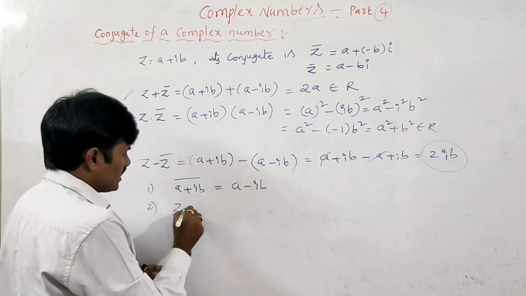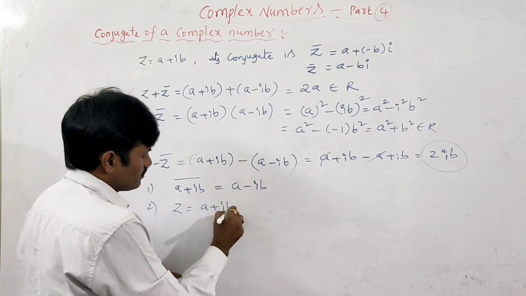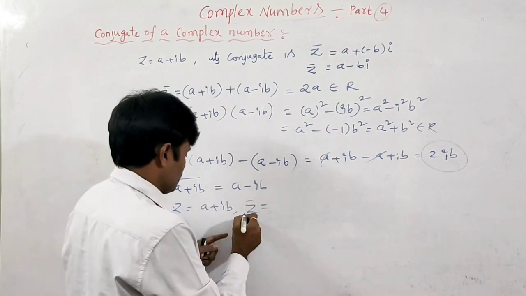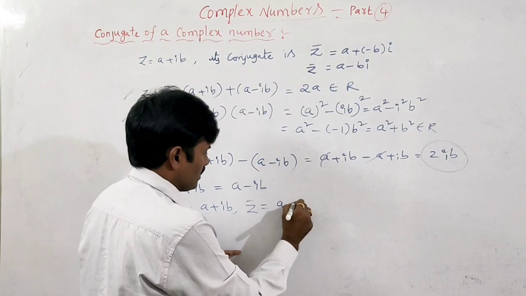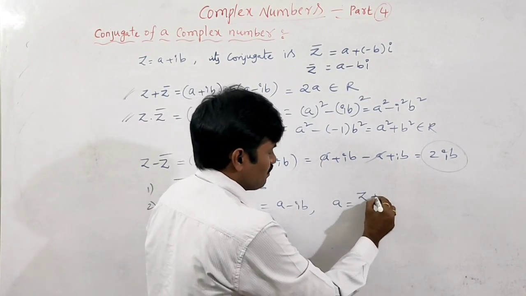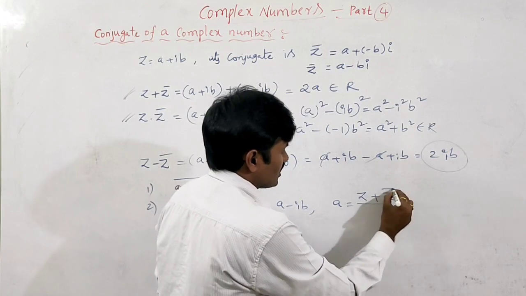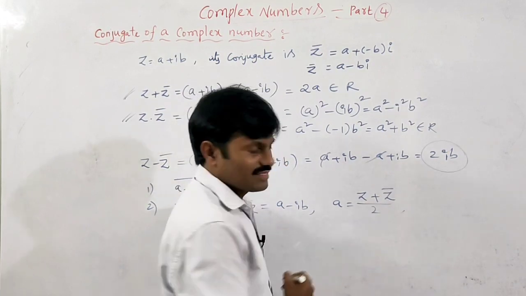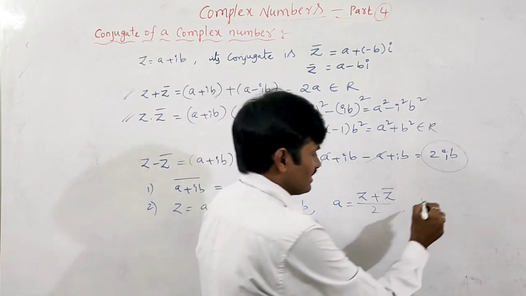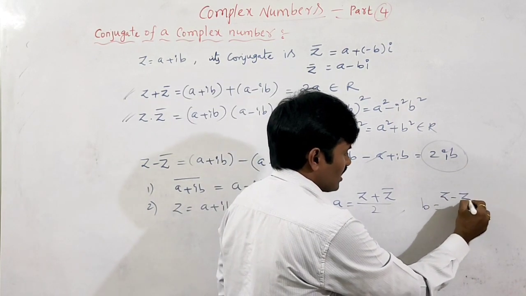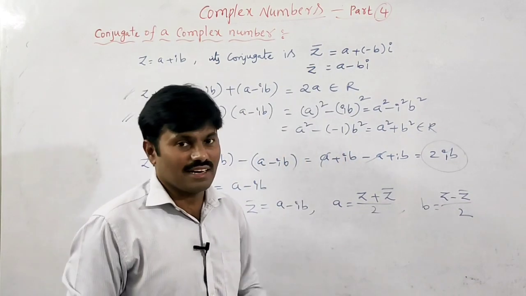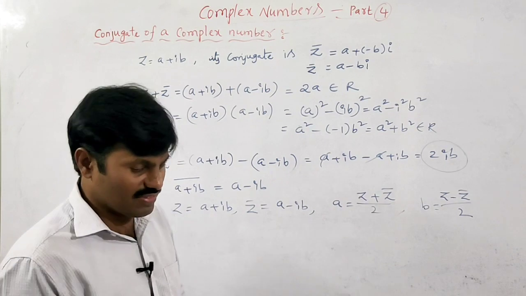And the second one: if z is equal to a plus ib, then z bar is a minus ib, and a can be defined as z plus conjugate of z by 2, and b can be written as z minus conjugate of z by 2i. Here a and b are real parts. If we simplify, we also get the same.